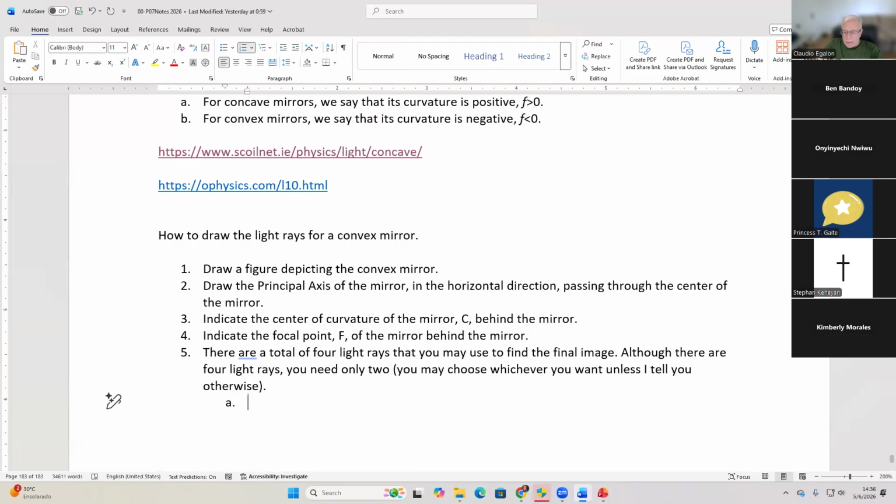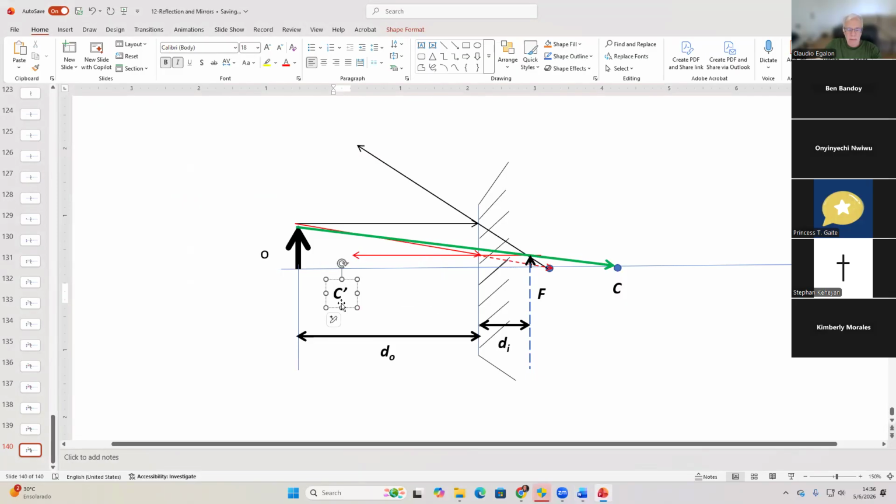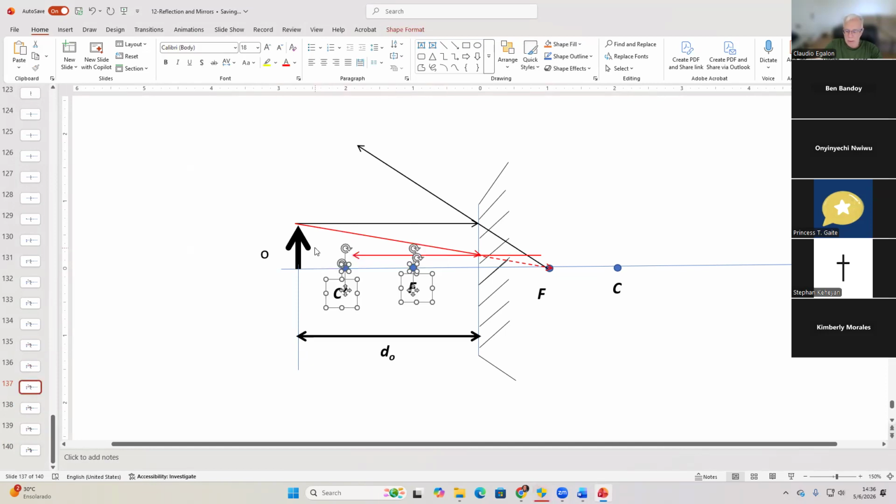Let me simplify my drawings here. You don't need to indicate the center of curvature and the focal point in front of the mirror. The simpler, the better, the less things you have to memorize.